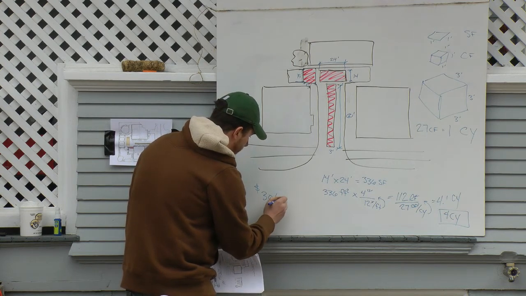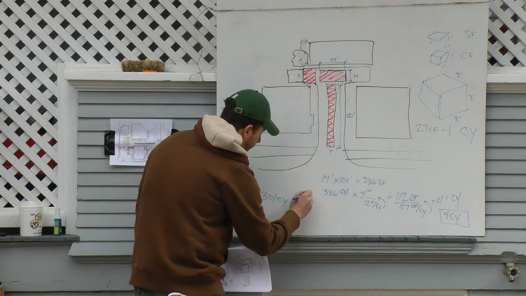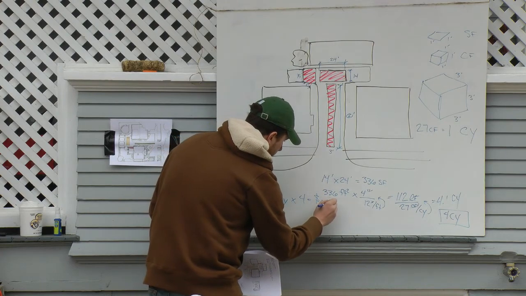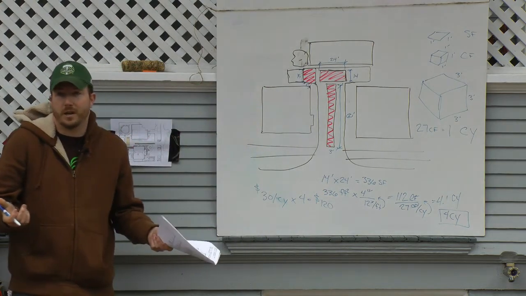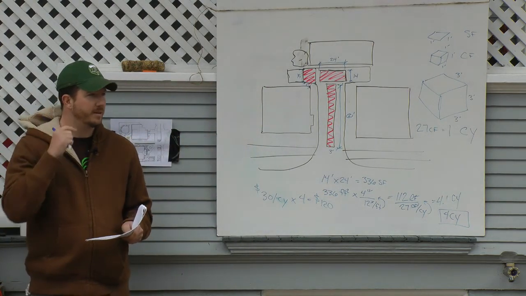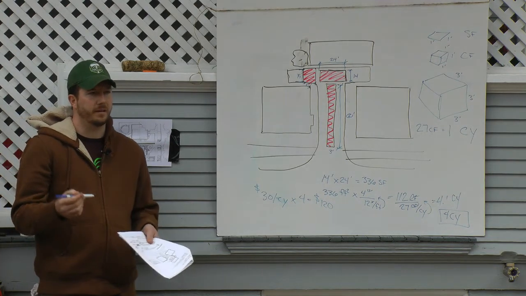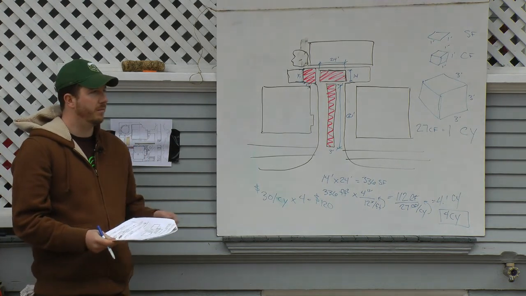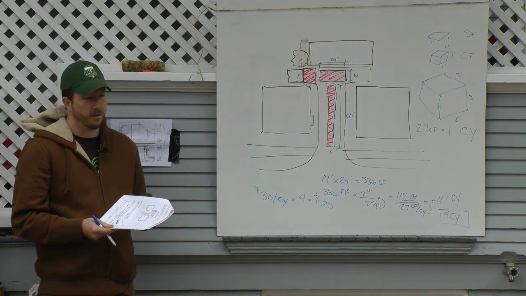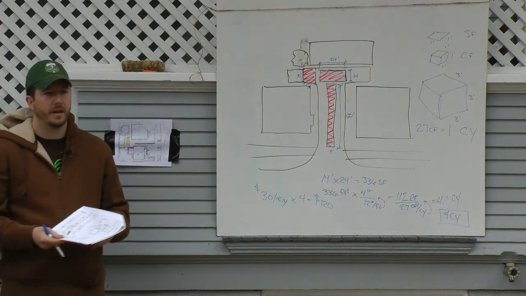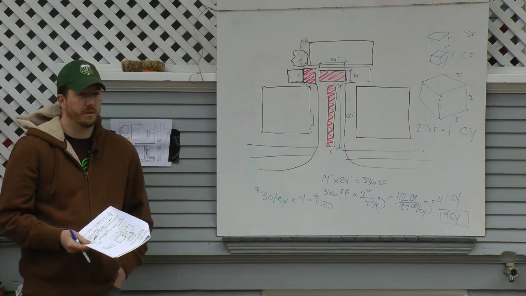Let me stay consistent, so times 4, it was $120. That's without delivery, but they tack on the delivery on top of everything. So we got the pea gravel, the 3/4, and the compost all delivered. And with the delivery, it really isn't too bad.